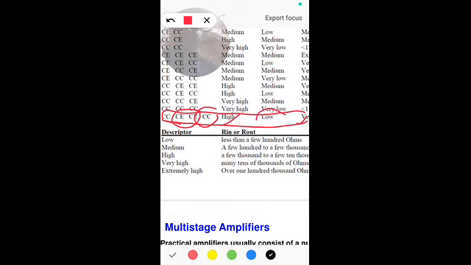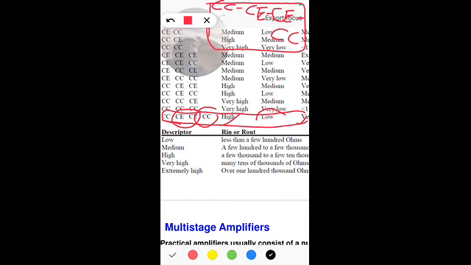So these are the ideal characteristics. In the first stage we will use a CC, in the middle stages we are going to use CE, and in the output stage again we will use CC.